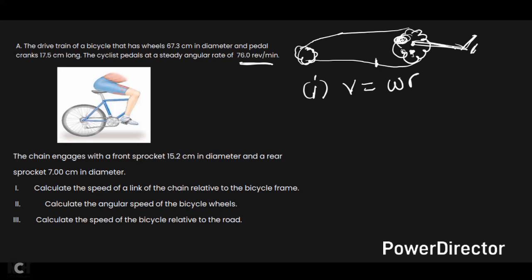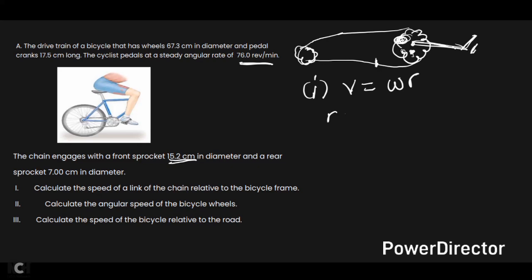The radius of the front sprocket, because it's the one that is moving the chain. So in this situation, we have the diameter of the front sprocket. So let's find the radius of the front sprocket.